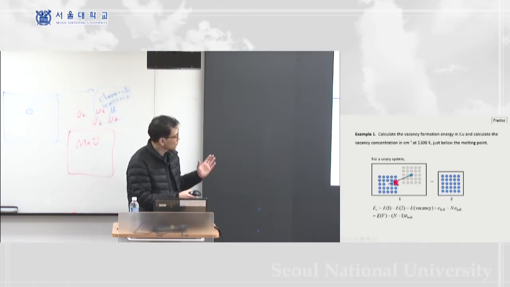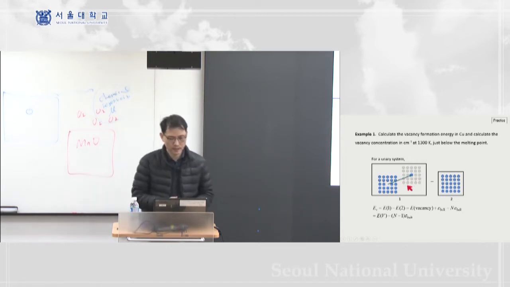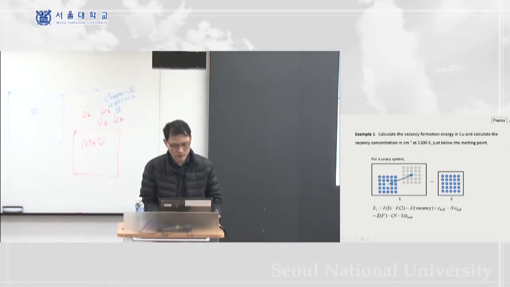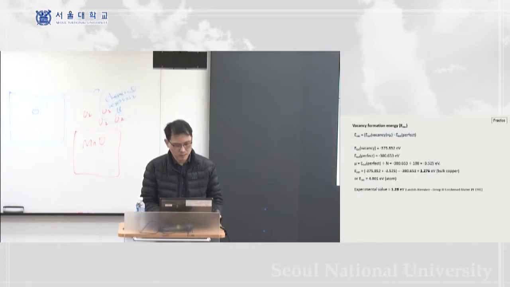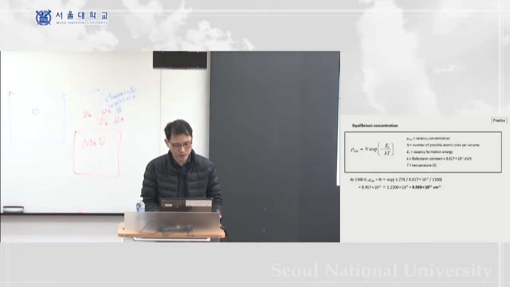All right. So for the unary system, the chemical potential is actually determined by the crystalline state energy. Okay. All right, and this is the example input file, and you will follow this procedure.